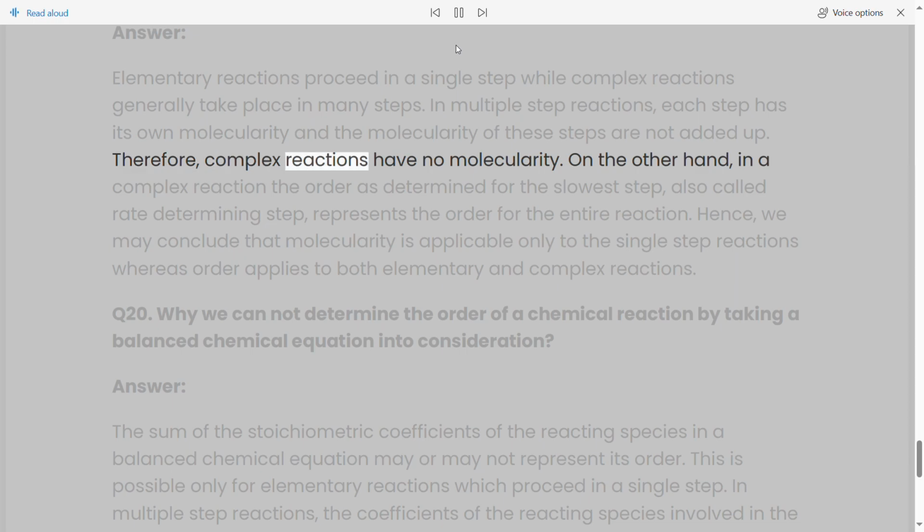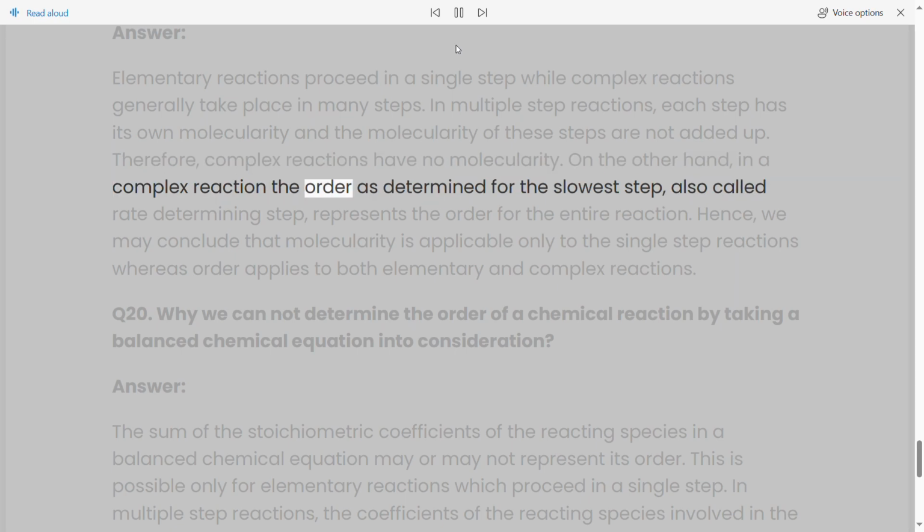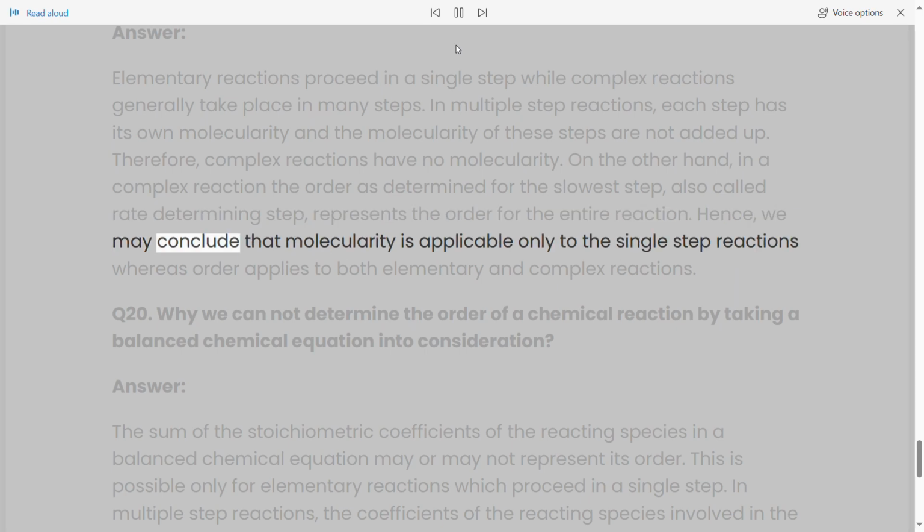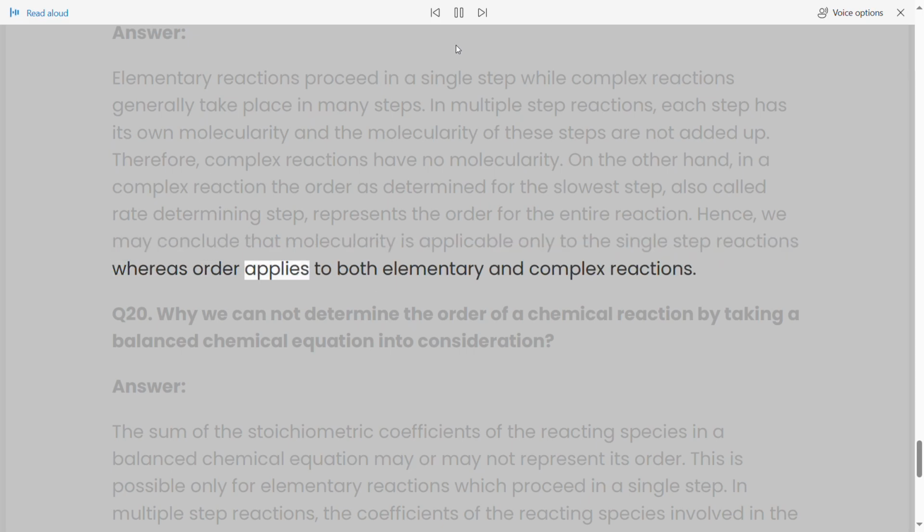Therefore, complex reactions have no molecularity. On the other hand, in a complex reaction the order as determined for the slowest step, also called rate determining step, represents the order for the entire reaction. Hence, we may conclude that molecularity is applicable only to the single-step reactions whereas order applies to both elementary and complex reactions.